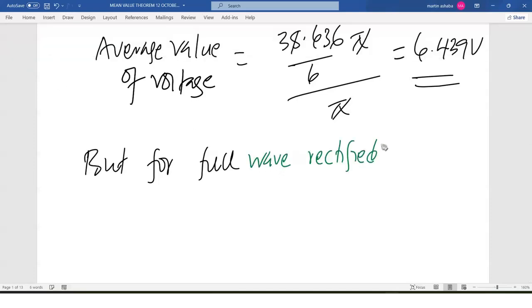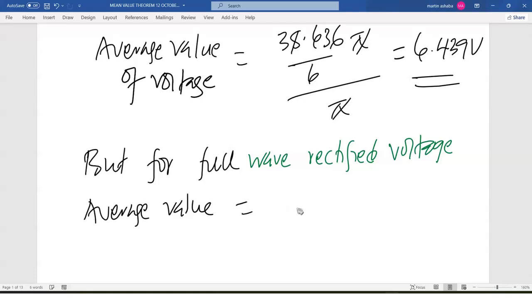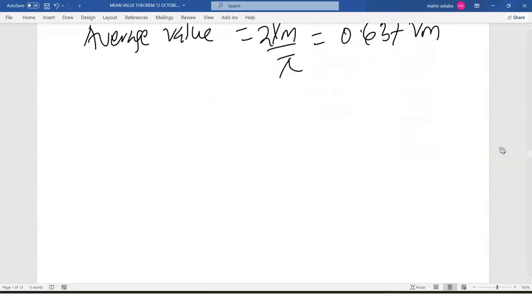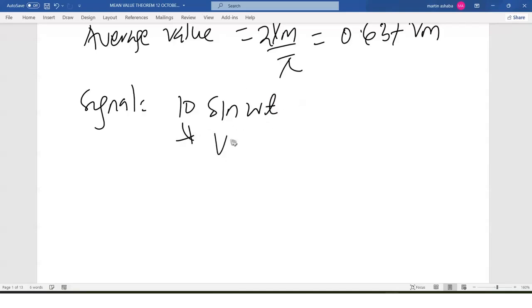So this is an approximate value, but for a full wave rectified voltage, we know that the average value is equal to 2 Vm divided by pi, which is the same as 0.637 times Vm. According to our signal, 10 sine omega t, the Vm, or the amplitude, or the peak voltage, is equal to 10 volts.